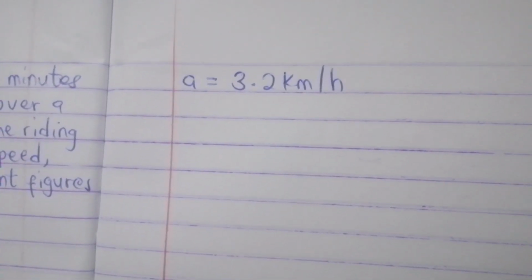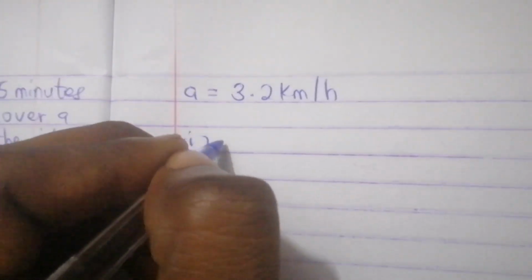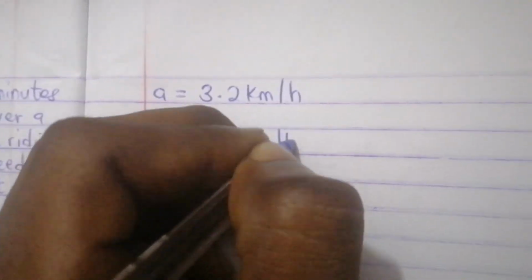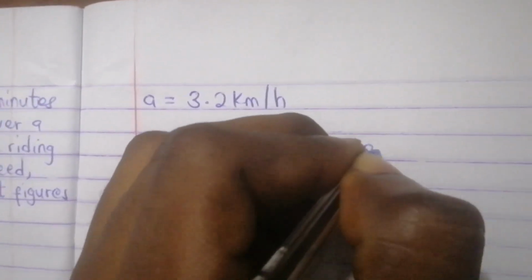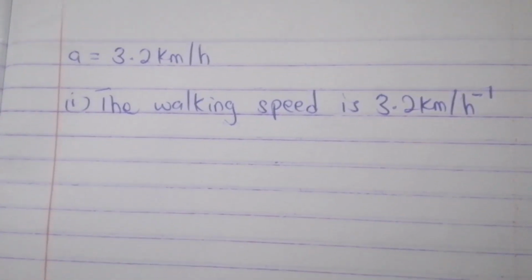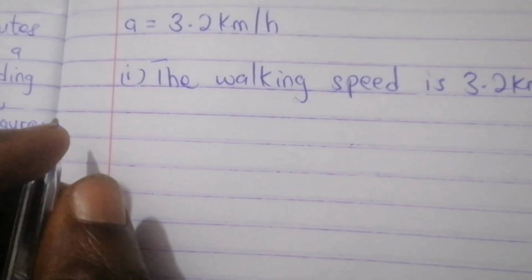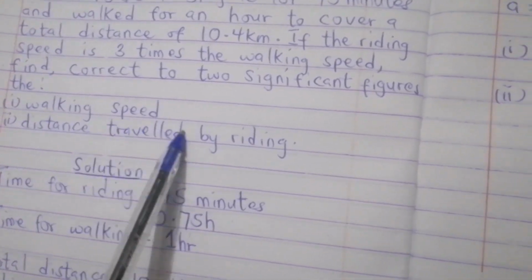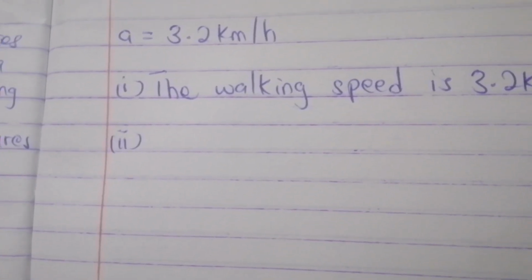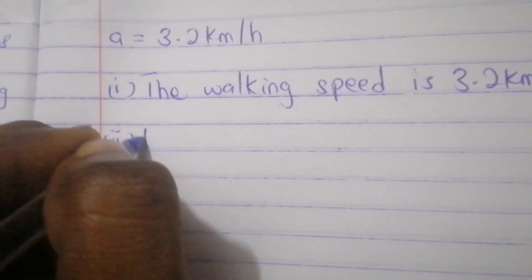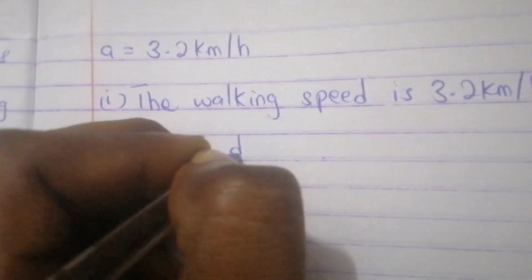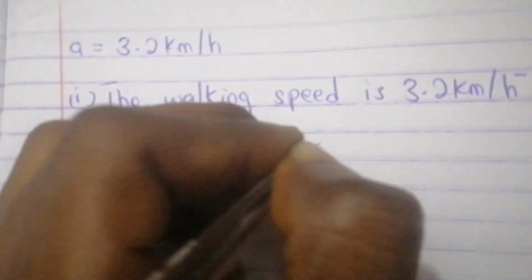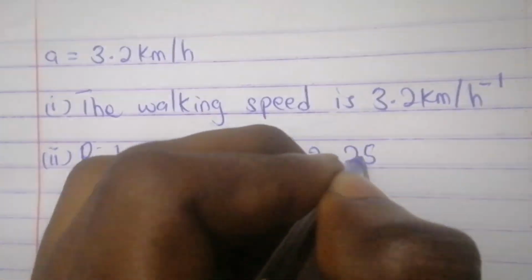That's the speed. So we say I, the walking speed, is 3.2 kilometers per hour. Now II says the distance traveled by riding. The riding distance is given by 2.25A.